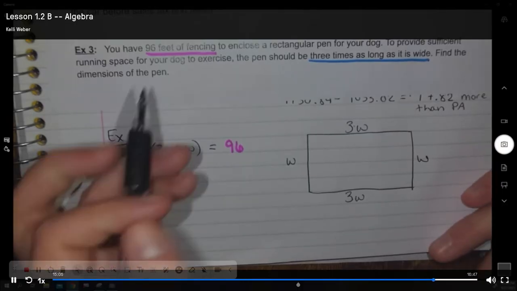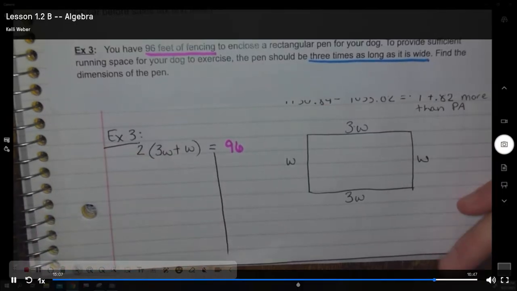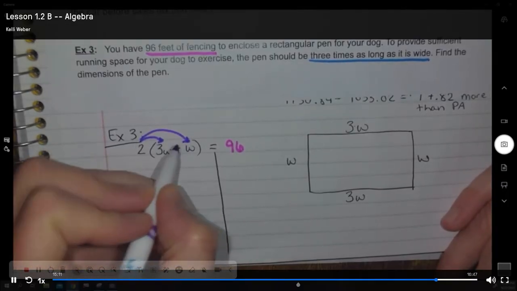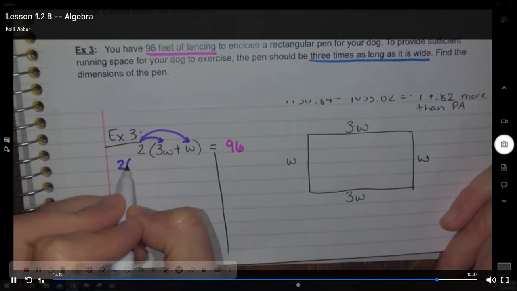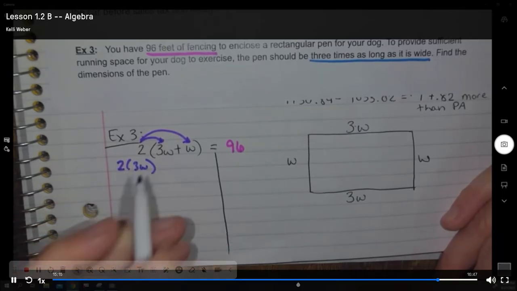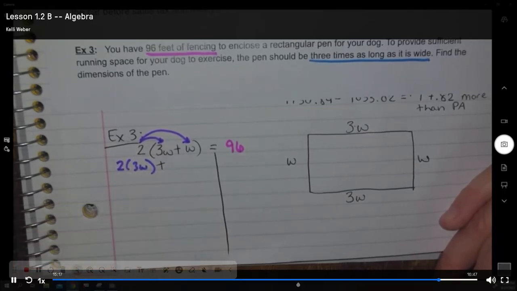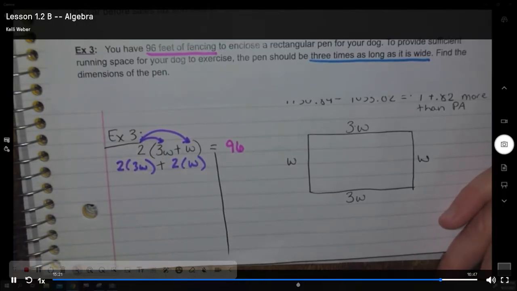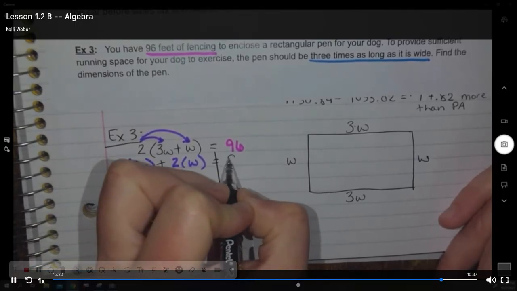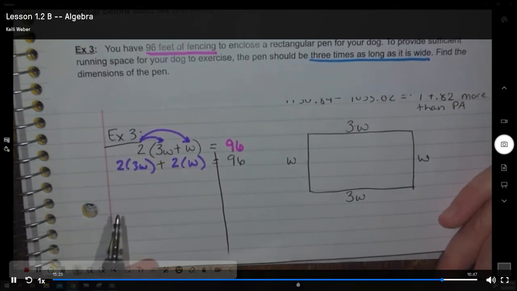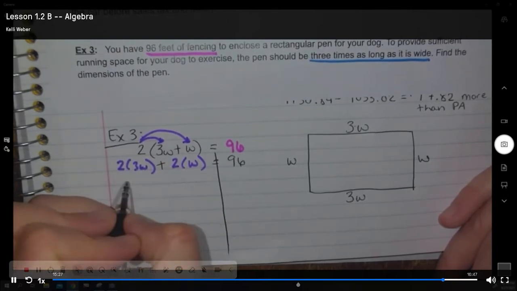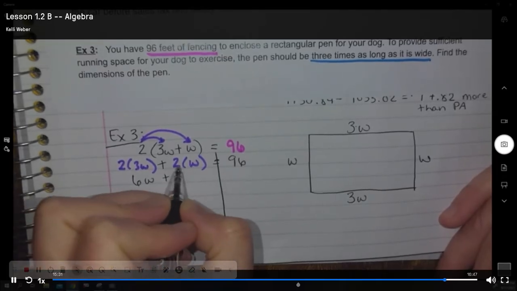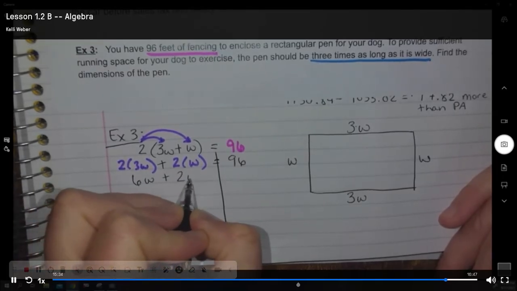So we're going to solve. Remember, we're going to start by using our distributive property. So 2 times 3W and 2 times W. We haven't done anything with 96 yet, so we're going to bring that straight down. 2 times 3W is 6W. 2 times W is 2W.